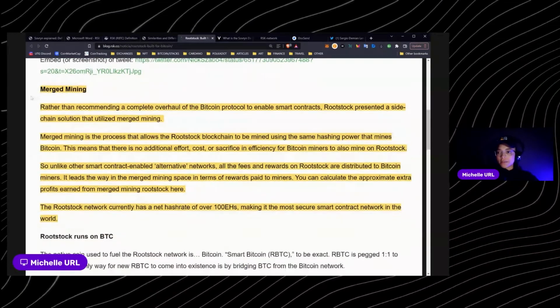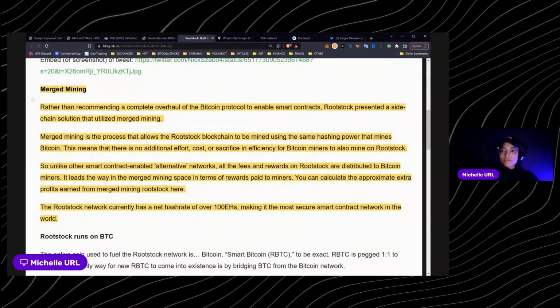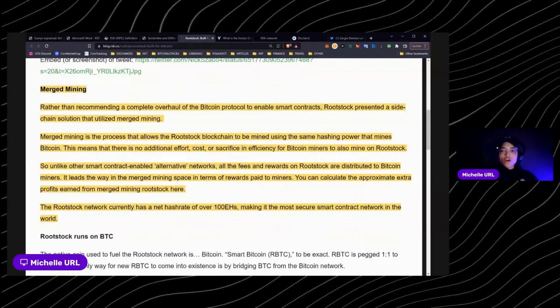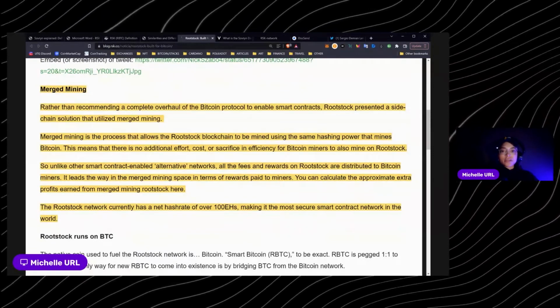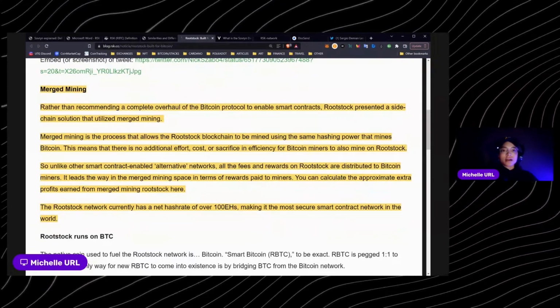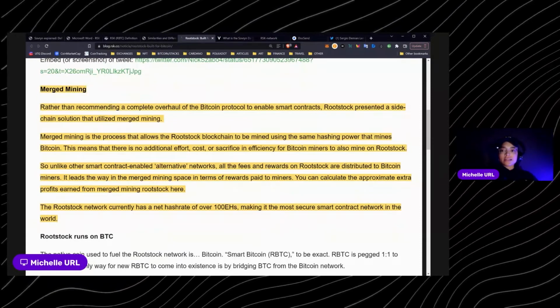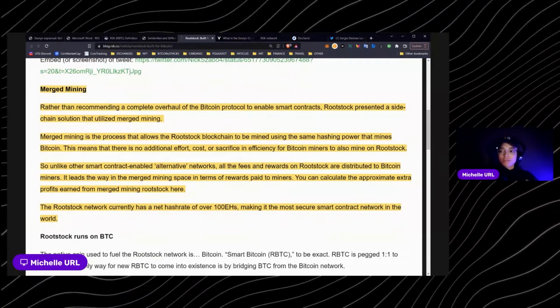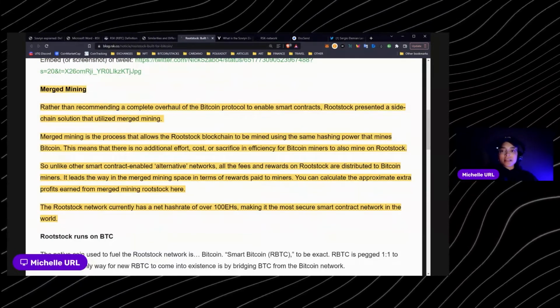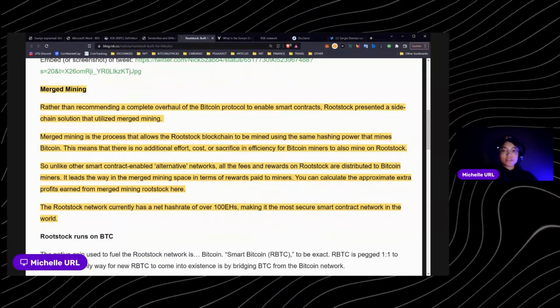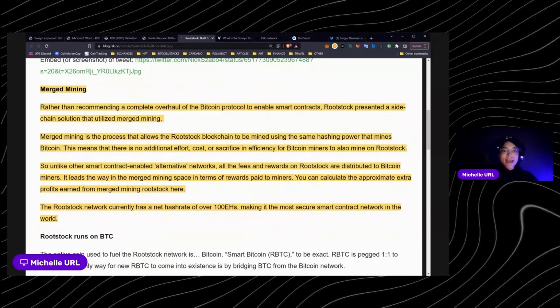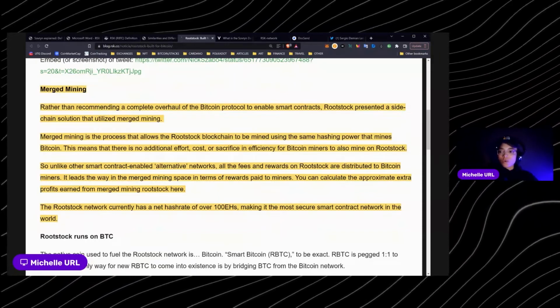What is merged mining? Rather than recommending a complete overhaul of the Bitcoin protocol to enable smart contracts, Rootstock presented a sidechain solution that utilized merged mining. Merged mining is a process that allows the Rootstock blockchain to be mined using the same hashing power that mines Bitcoin.